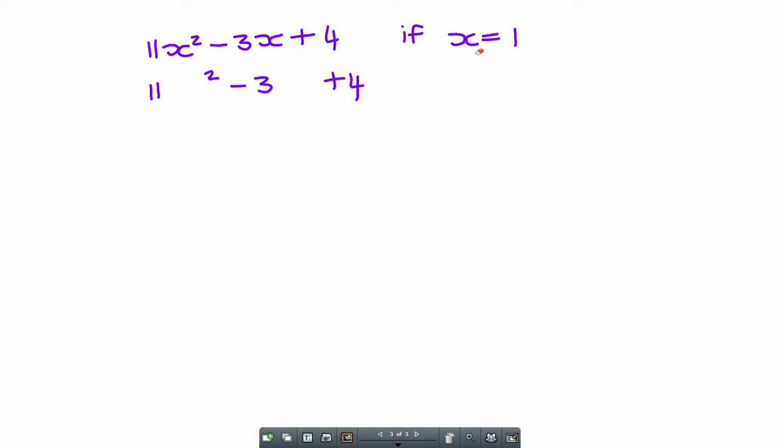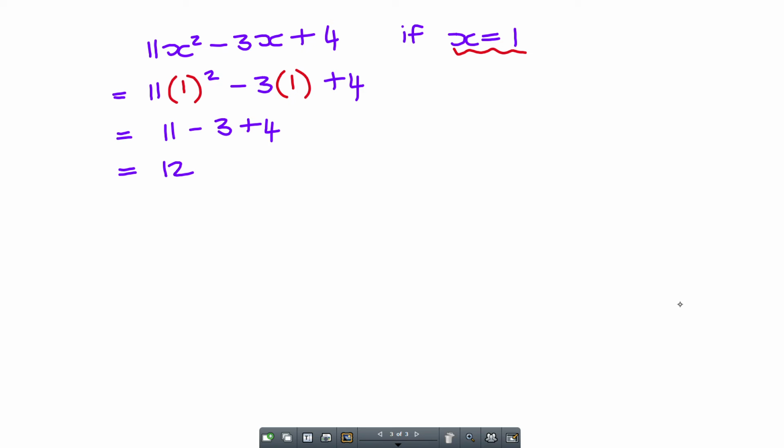But I say if x is 1, so now instead of x, I'm going to say 1. So then minus 3x, but instead of x, I'm going to say 1. Does it now make sense? All right. So if I were to simplify that, it would be 11 minus 3 plus 4. So it gives me 12.